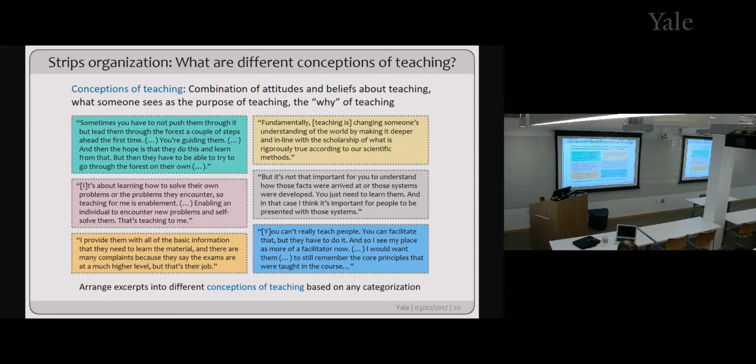What about the other one? Well, basic information. Learn the material. There are many complaints because they say the exams are much more difficult. But I'm just trying to think in terms of students. This feels research-centered. It gives someone's understanding of the world, but makes it deeper.